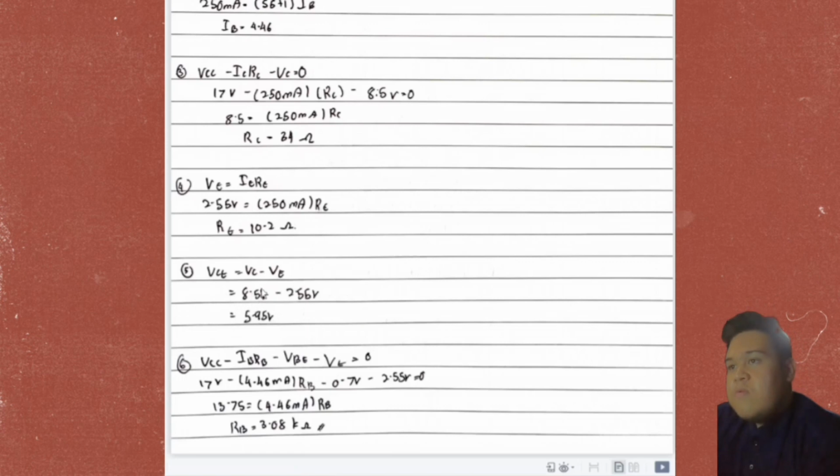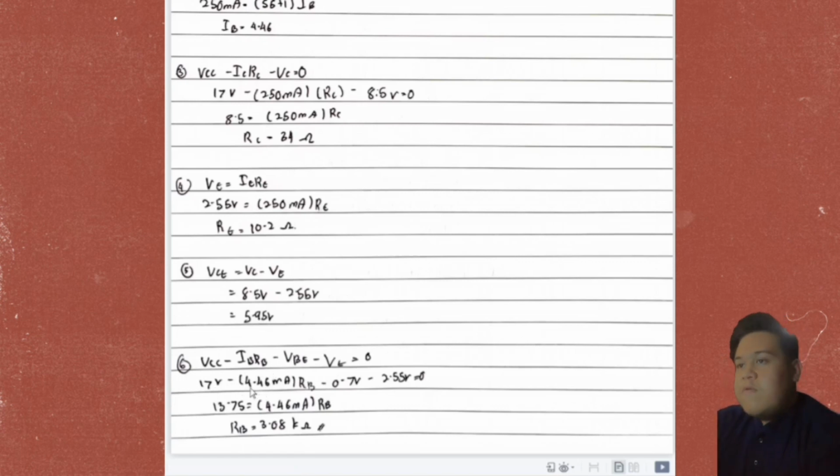For VCE, we use VCE equals VC minus VE. So VC we got for this 8.5 volt minus 2.55 volt. So VCE we got 5.995 volt.